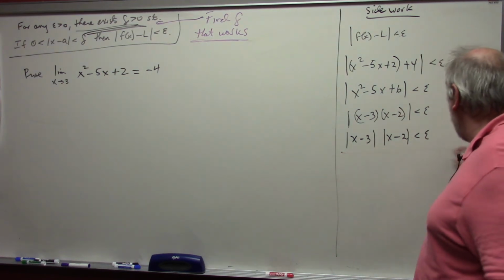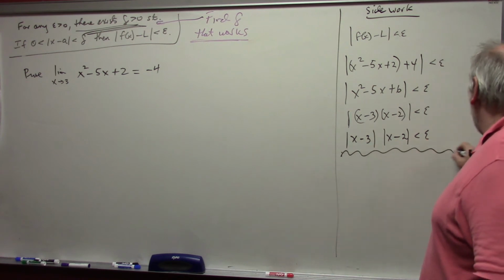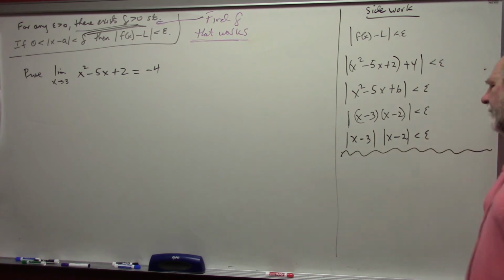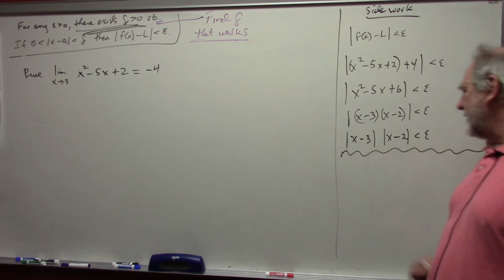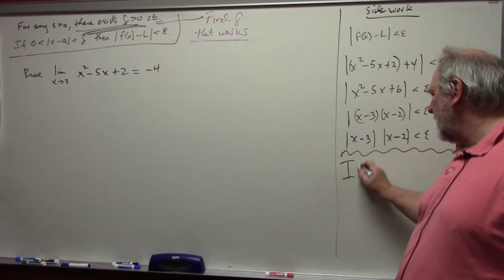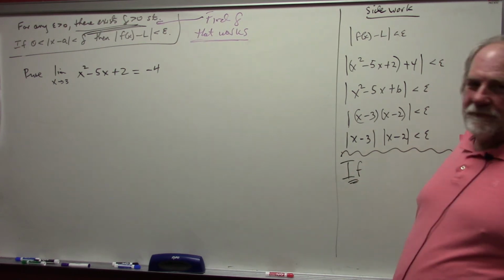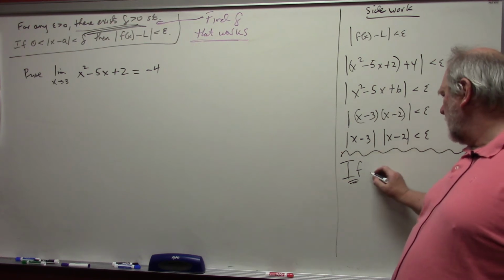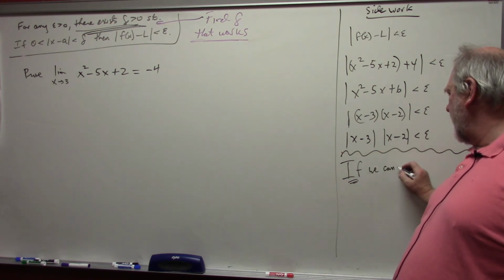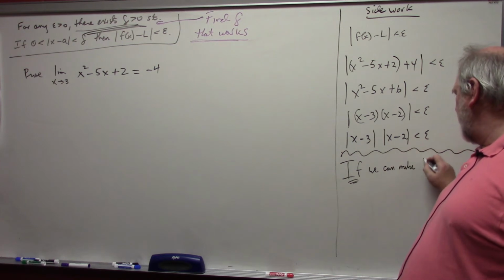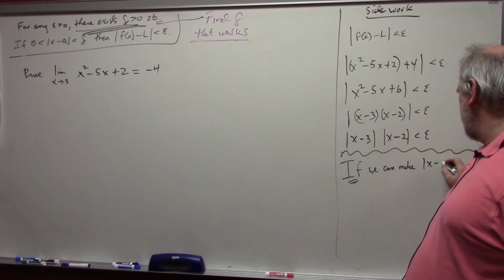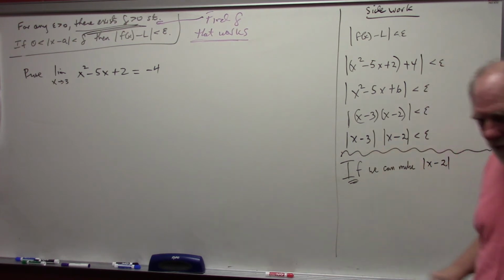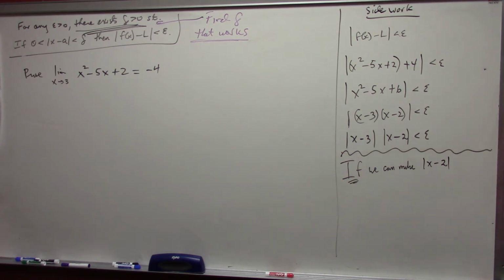So let's do a big if. If we can make the absolute value of x minus 2, because that's the one that I don't have anything for, less than some value m. Again, this is a big if.